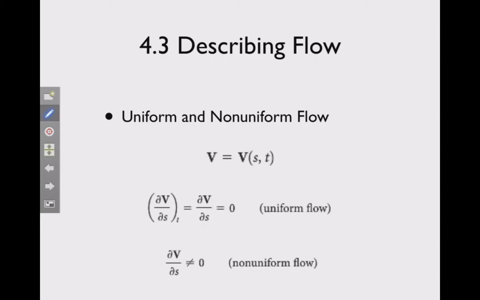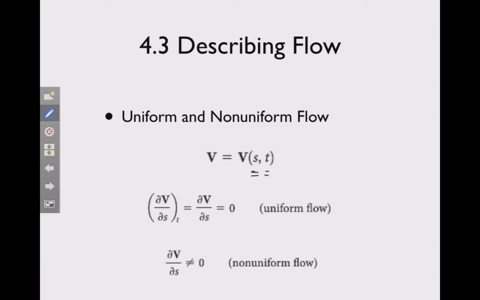We remember that we can specify the velocity of a particle as being its position along a streamline S or a path line and as a function of time. Now when we talk about uniform or non-uniform flow, what we're talking about is actually the fact that the velocity as a function of position is not changing.